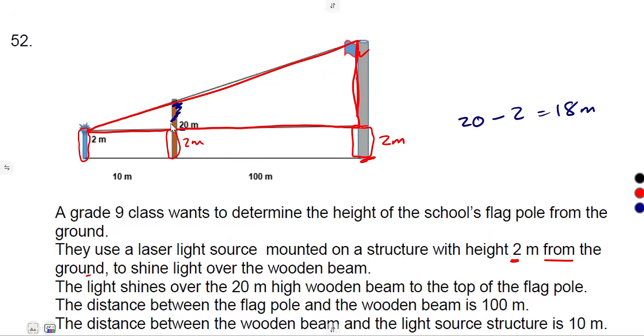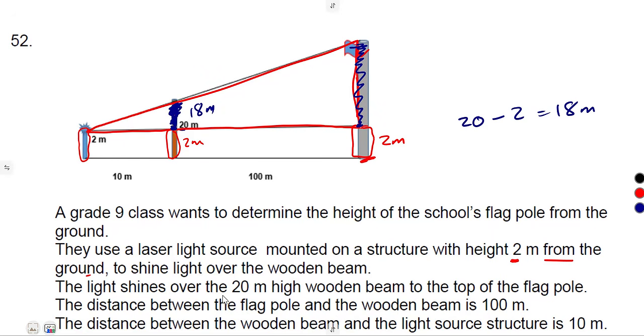So above here, there is 18 meters height. Then here, we do not know, but it is the same thing: if we had something, we're going to subtract the 2 meters, or if we want the whole height, therefore we're going to add the 2 meters. So that is the concept.